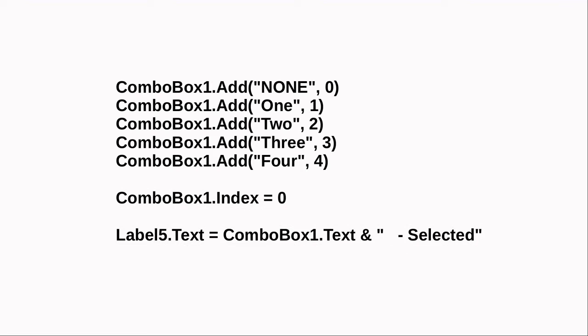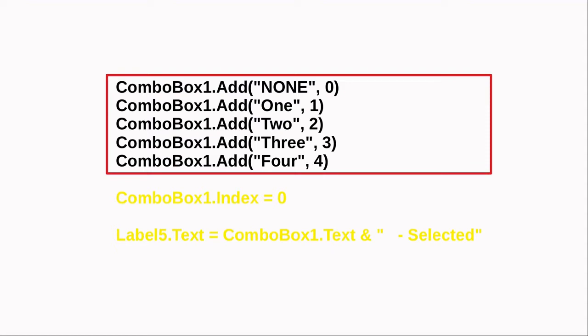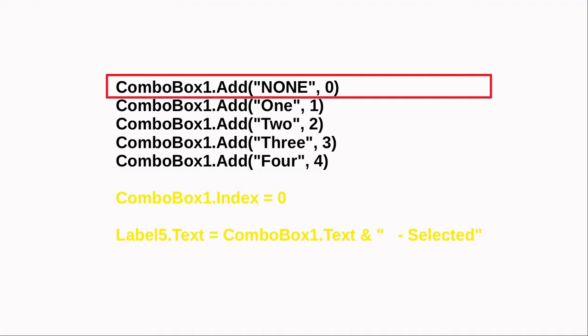This code block consists of 3 sections. The first part of the code adds individual elements or choices to the drop-down list of the combo box. As you can see, the first 5 lines use the add method to add individual items to the combo box object. Each line in the first section follows the same fundamental structure.